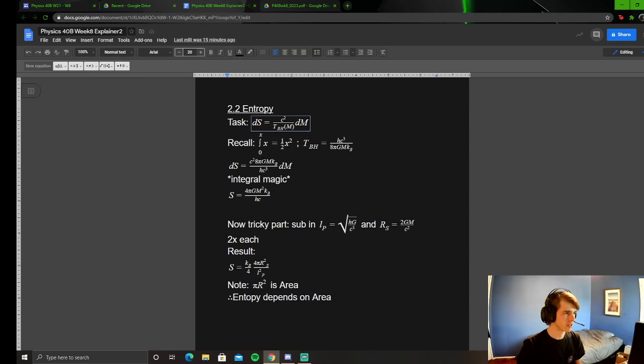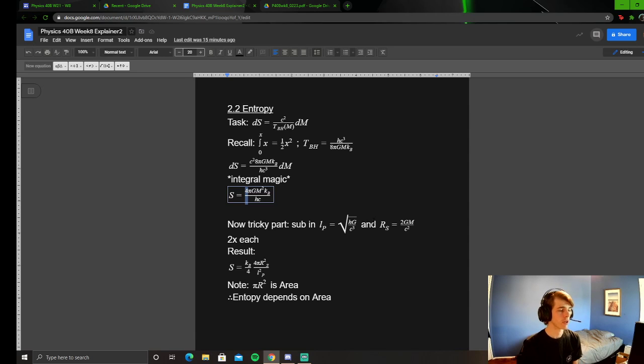Basically what happens is since T_BH is on the bottom, these will be flipped. So whatever is in the denominator here will be in the numerator here, and vice versa. And now we can do some integral magic, and basically what happens is our only real x here is the m, so m gets squared, and we multiply this by half, so that 8 that we had before becomes a 4, because it's divided by 2.